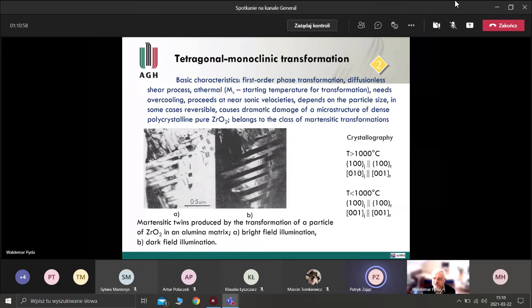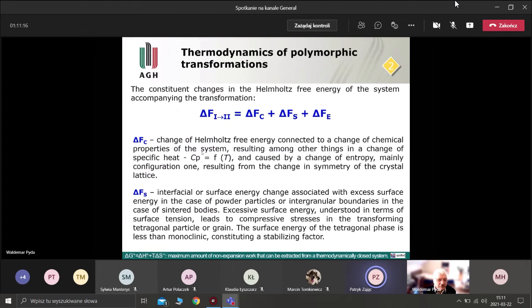What are the energetical components that control the tetragonal to monoclinic phase transformation? You mean the different types? Yes.